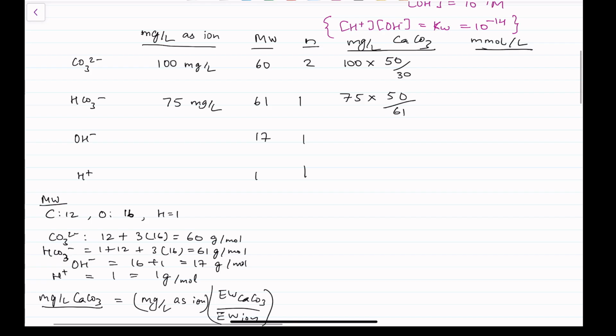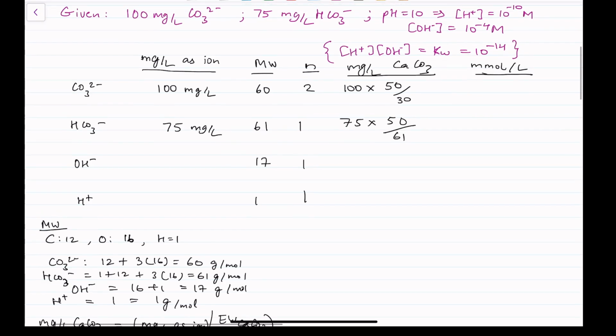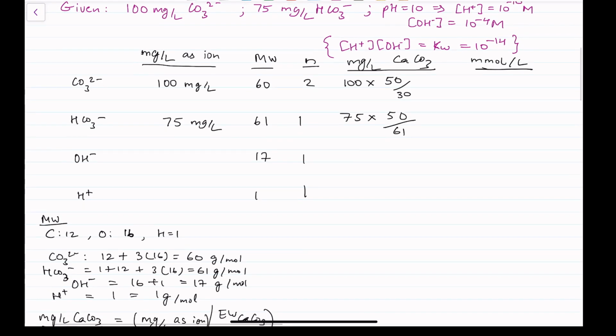And OH minus we said is 10 to the power minus 4 molar. So this would be 10 to the power minus 4 moles, and 17 into 10 to the power 3 milligram per mole. And H plus would be 10 to the power minus 10 times 1 into 10 to the power 3.